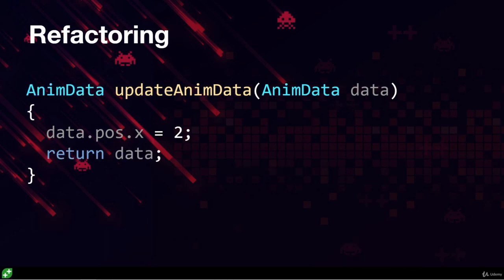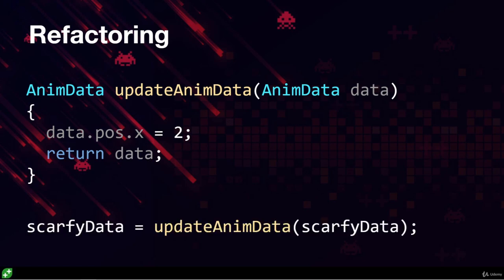Now what we can do, however, is make a function that has a return type of animData instead of void. And then we can take the animData input parameter data, change that copy, and return that copy as a return value.